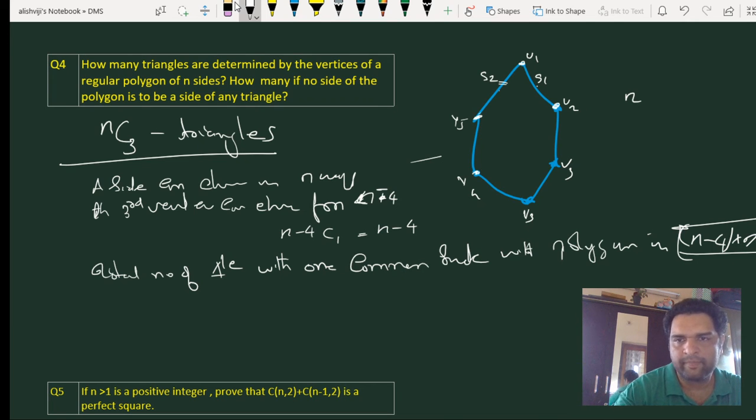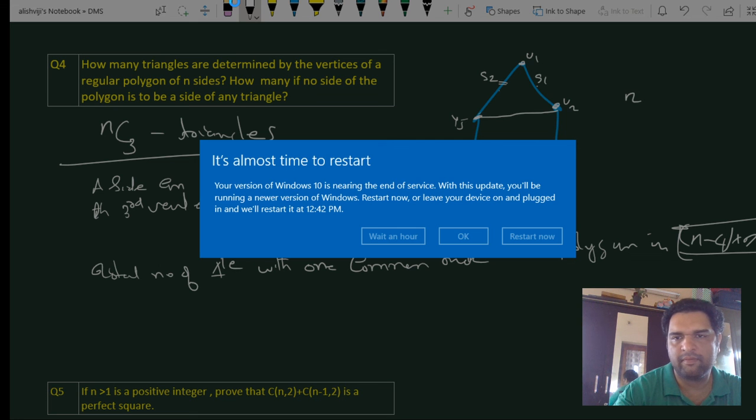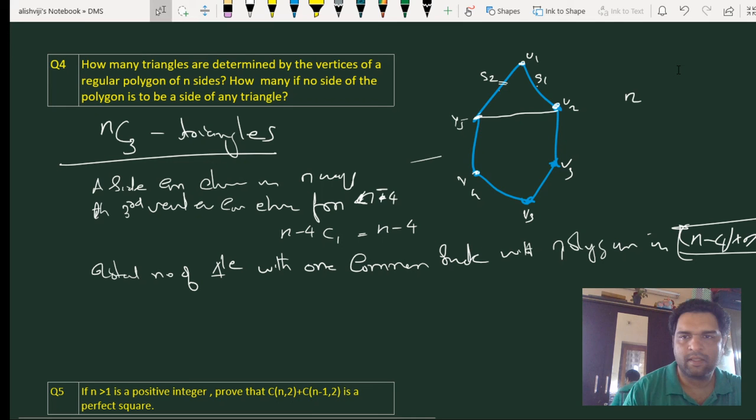The third side of the triangle can be obtained by joining the non-adjacent vertices of our selection. So if you choose these two sides, there is only one possibility: join them. So how can we choose these three vertices?